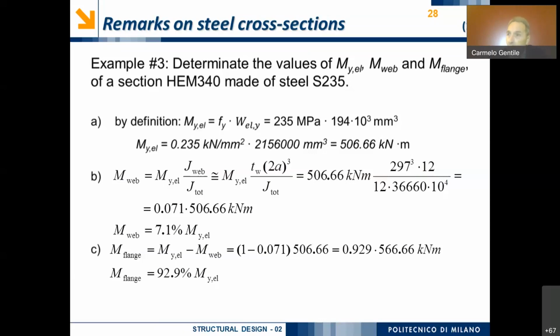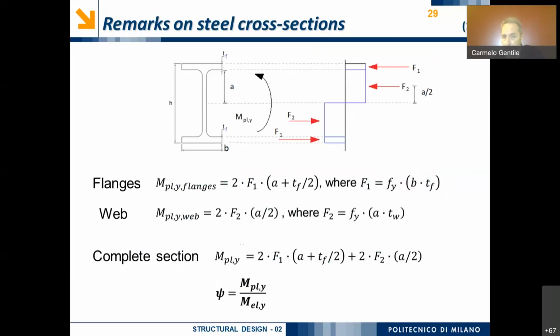When the connection is only between webs, so only the web is connected, it is not possible to transfer a large part of the bending moment, and so the connection behaves like a hinge, okay?